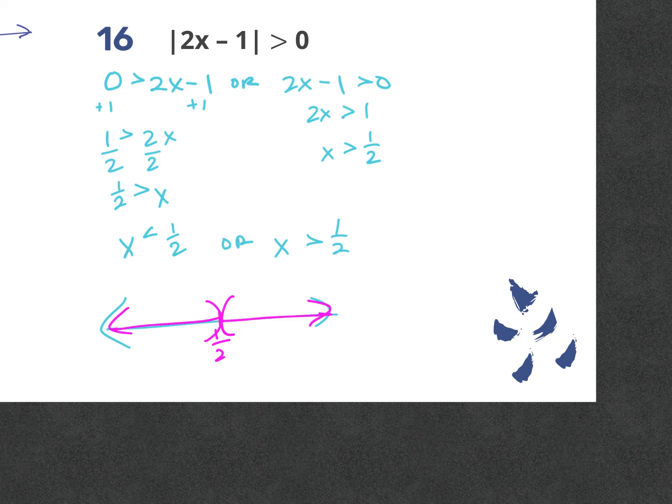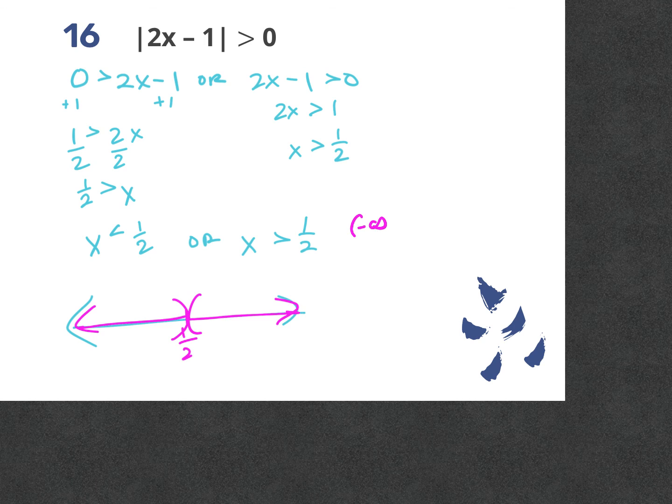In interval notation, that is negative infinity to 1/2, parentheses, union or semicolon, because that's what WebAssign's going to do, 1/2 to infinity. So that is every number but 1/2. If it was greater than or equal to, it's all real numbers. But because it's greater than and not greater than or equal to, it's all the numbers except 0, or what would make it 0, which is 1/2.